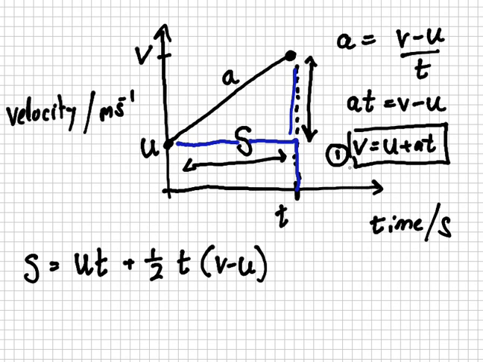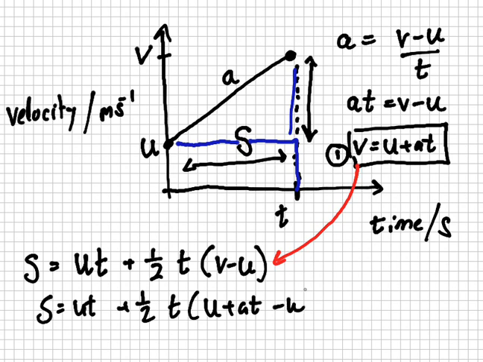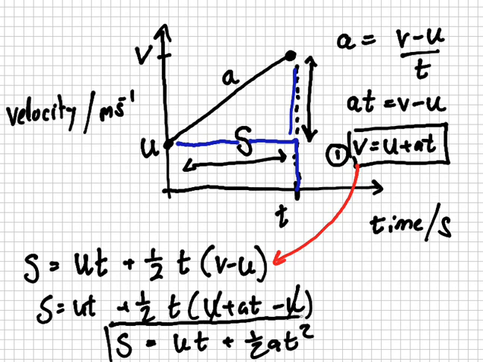Now what I can do is put this formula I just found in here for V. So I get S equals UT plus a half T, and V is U plus AT minus U. Well, what's nice is that they cancel. So then I get S equals UT plus a half AT squared. And that's actually our second formula.